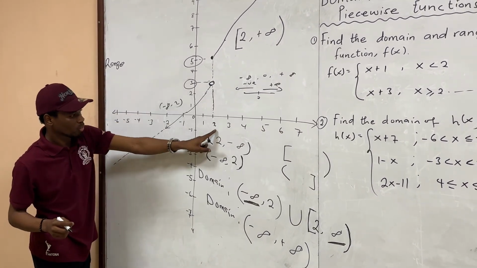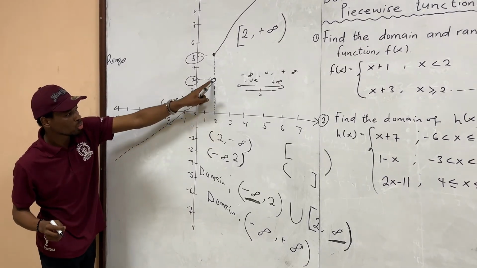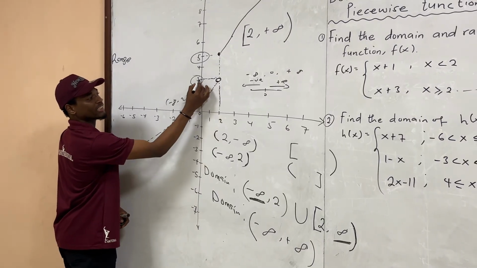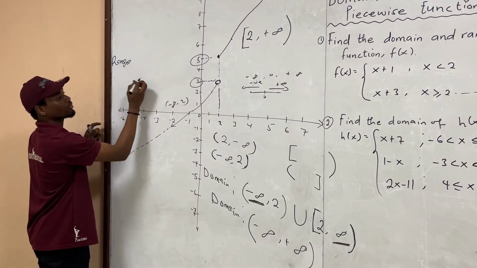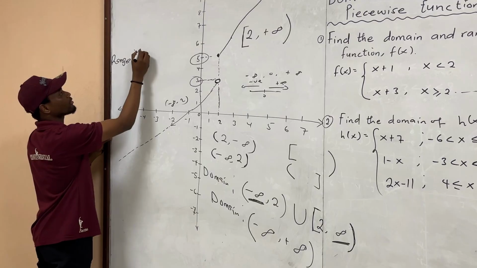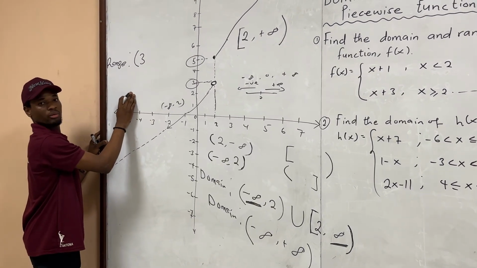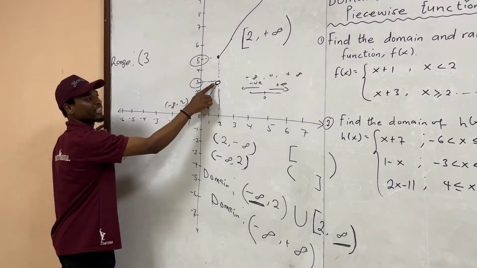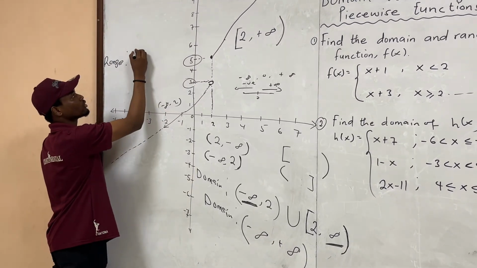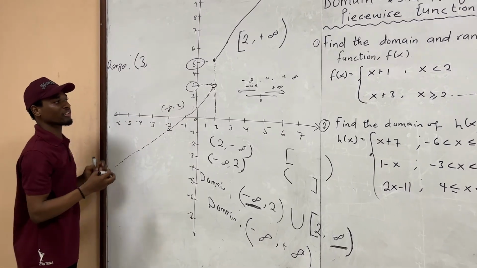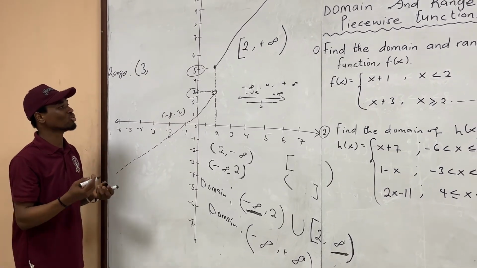When I trace the 2, this time when I trace here to touch the y, I have 3. You get that? Remember, this is open, so this is open at 3. Then comma, now to where? Now 2.